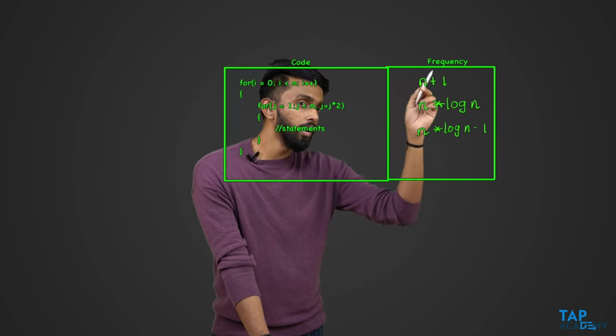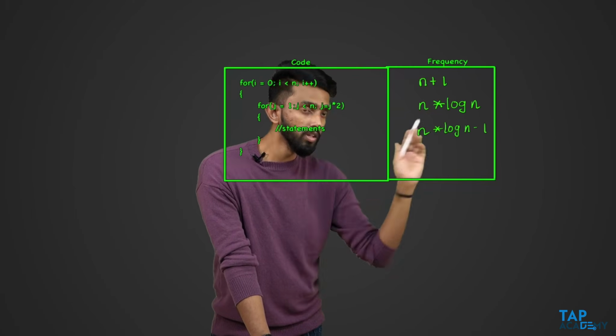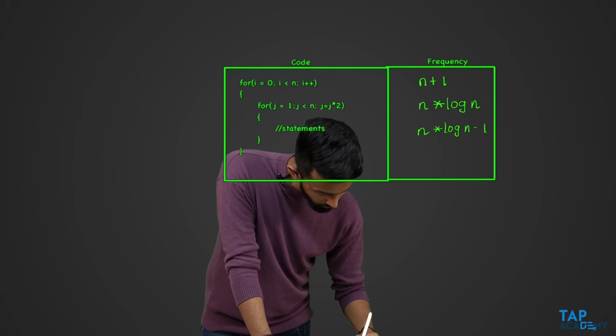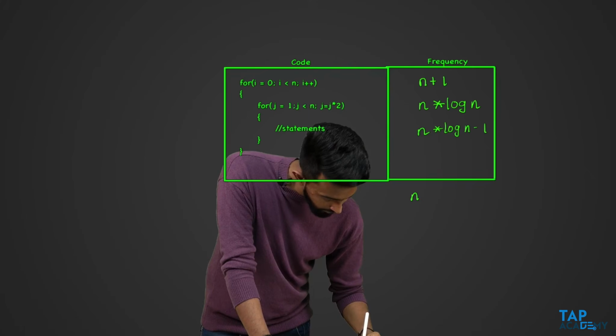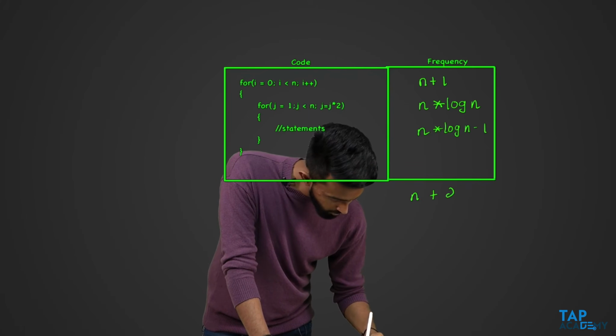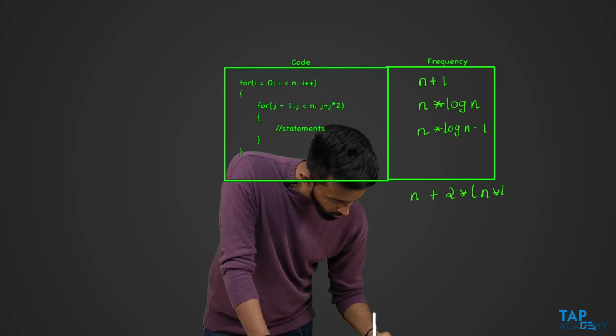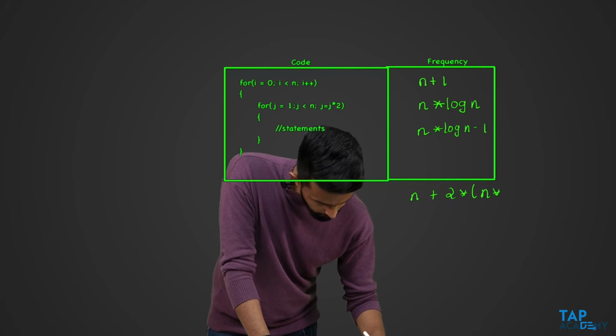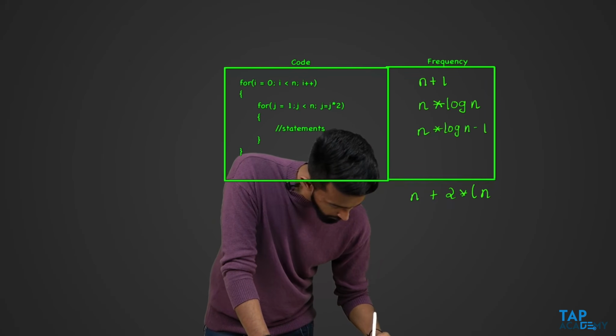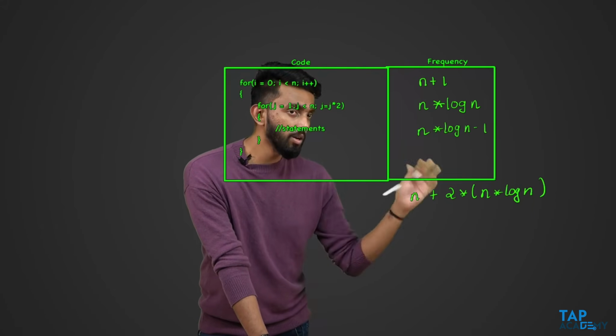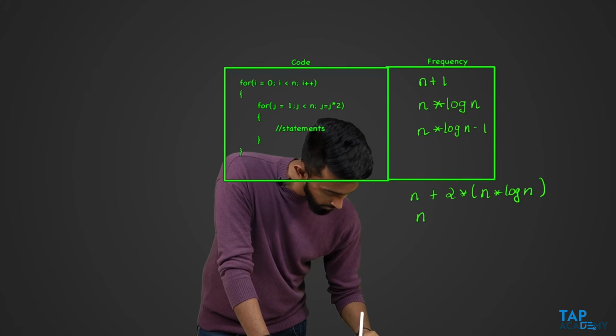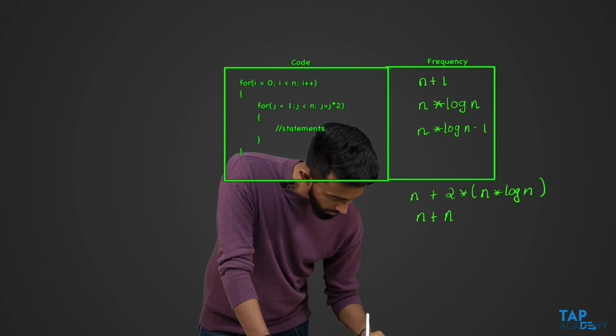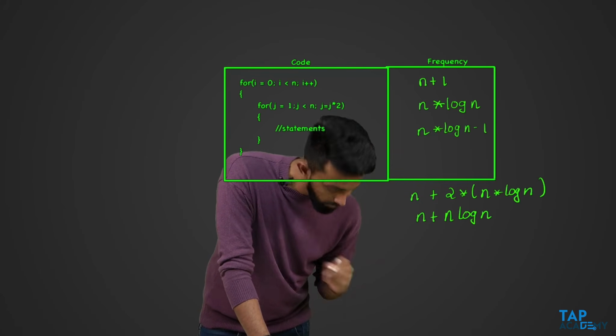Basically we can remove all these constants, and if I do that, I will get something like n plus n into log n, like this. Would you agree? Again, let's remove the constant, which means I will get n plus n log n.